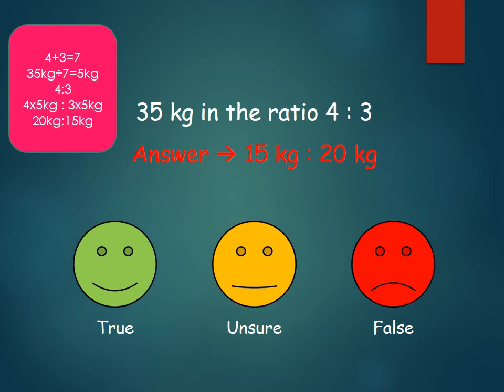So we will multiply 4 by 5 equals 20, and 3 multiplied by 5 equals 15. So the ratio is 20 kg to 15 kg. And what did he say? He said 15 kg to 20. So is his answer correct or wrong? Yes, his answer is false.